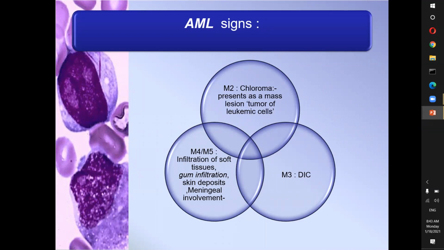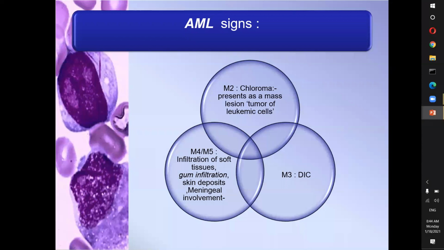And the chloroma is usually, according to the classification of AML, we have from M0 to M7 AML, a sign of AML M2. While in AML M4 and M5, the infiltration will be in the gum, resulting in gum hypertrophy.